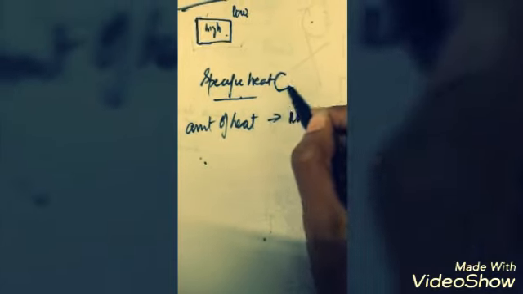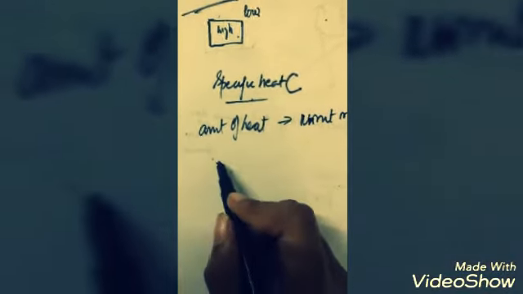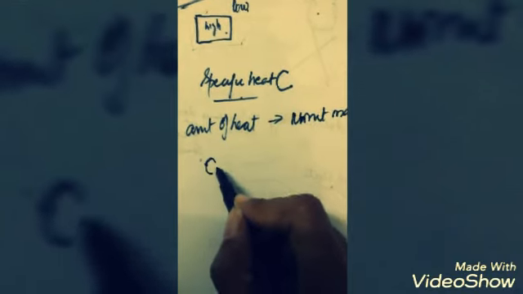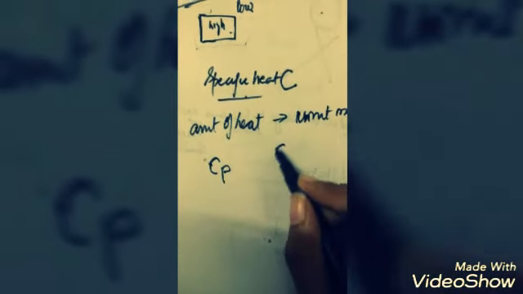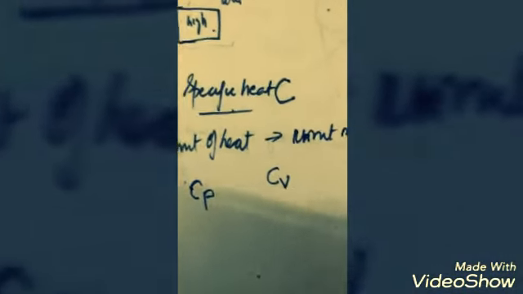Specific heat is represented by C, and there are two types of specific heat. They are specific heat at constant pressure and specific heat at constant volume.